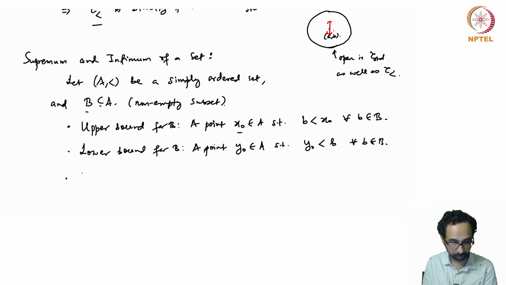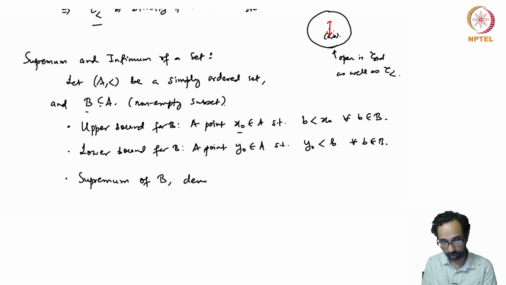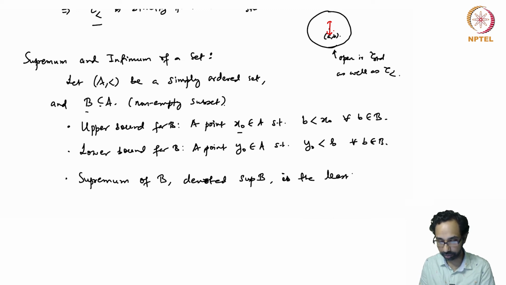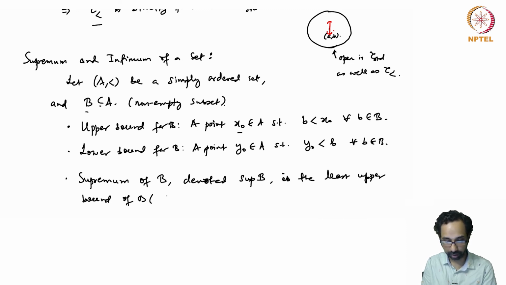So the supremum of B, usually denoted as sup B, is the least upper bound of B if it exists.